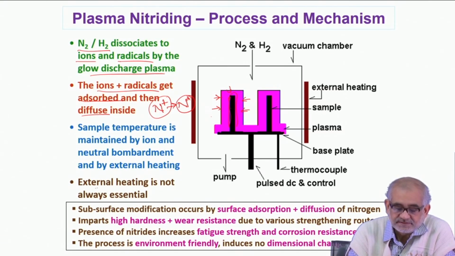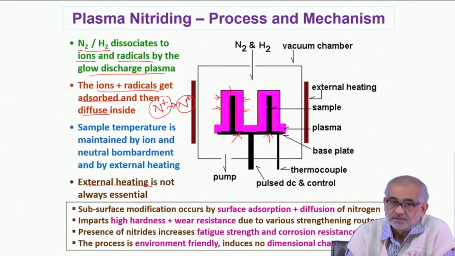Generally, external heating is not required, because we maintain this at a particular isothermal condition, but at times we may require external heating attached to the stage here to make sure that we are able to maintain a very precise temperature of the sample.